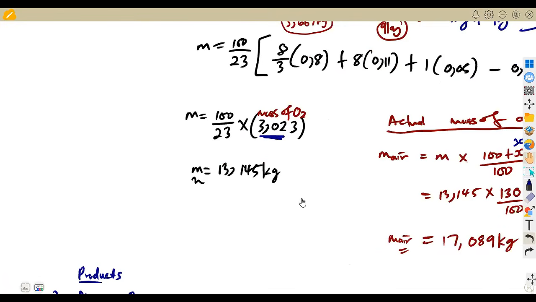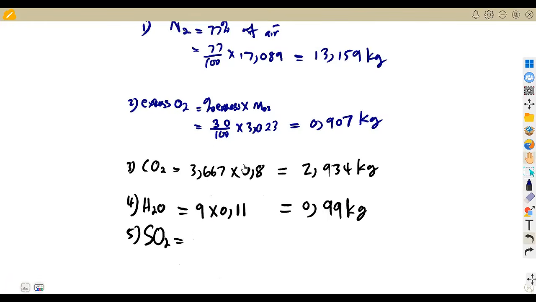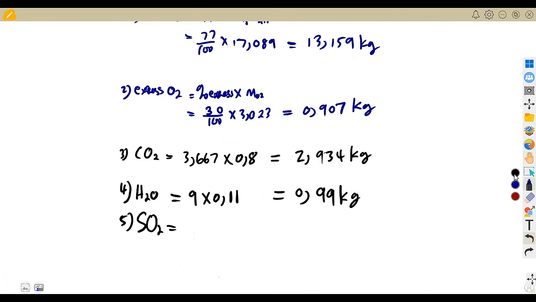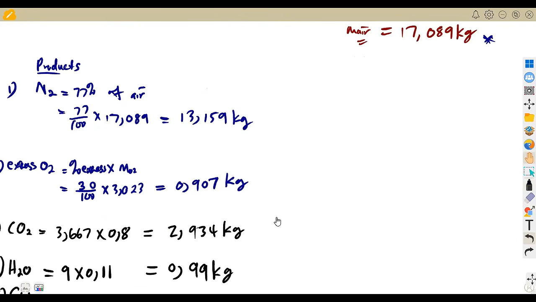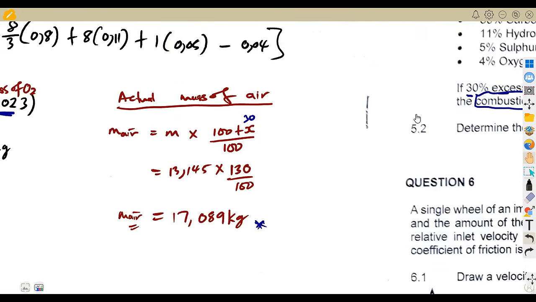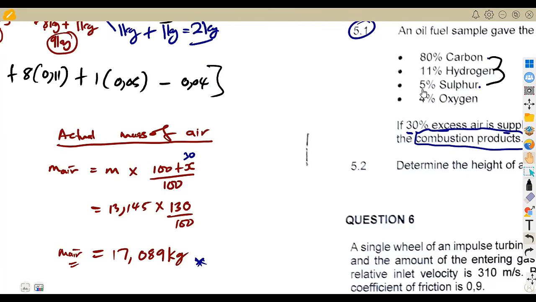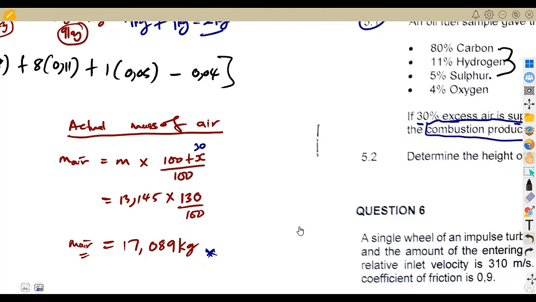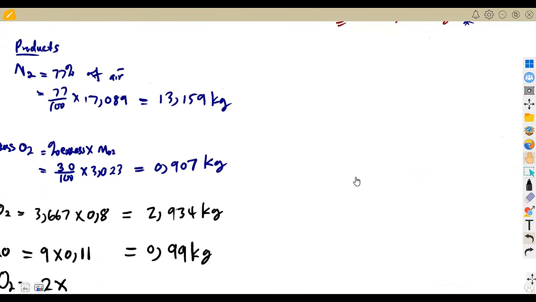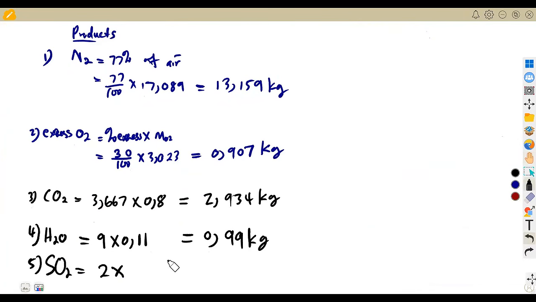So we have 2 kgs of sulfur dioxide as product, but multiplied by the percentage of sulfur. Remember the percentage of sulfur from our percentages, it's 0.5%, which is 0.05. So that is how you calculate the products. These are the products that you're going to have, which is going to be 0.1 kilograms.